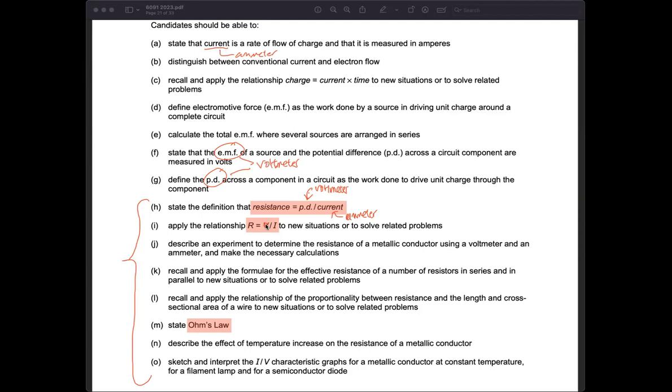Can you rewrite your formula? Okay, well done, Wen Xuan. So all of you that gave me this value: V is equal to IR.